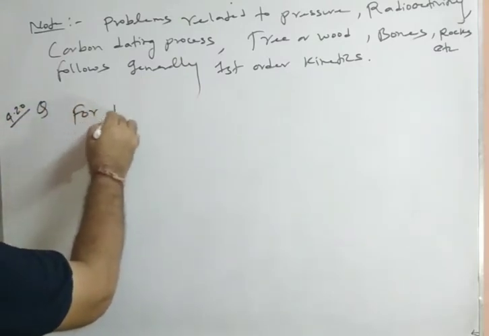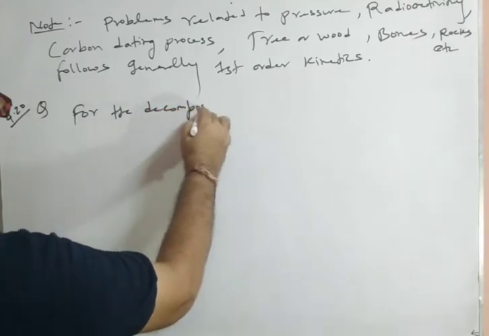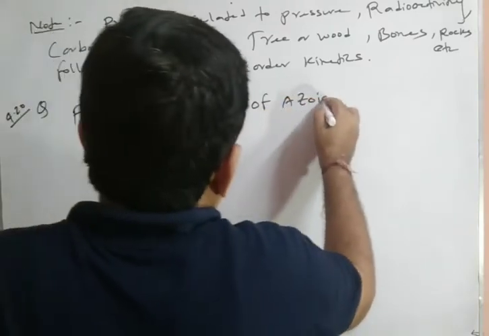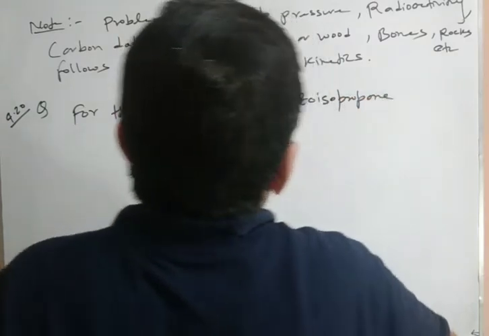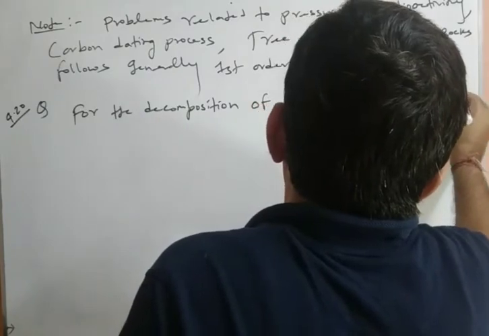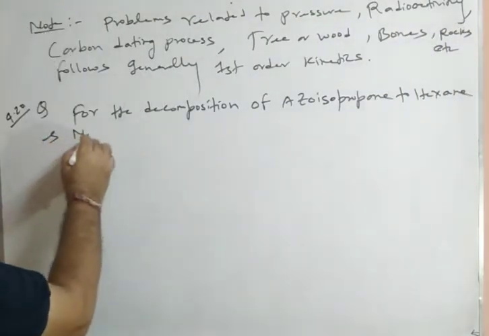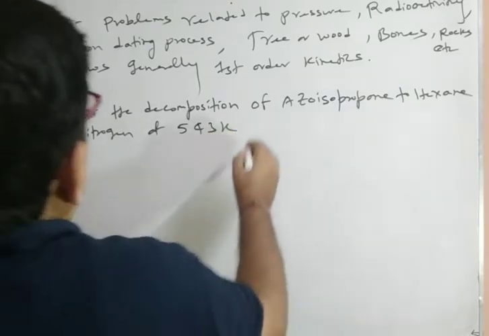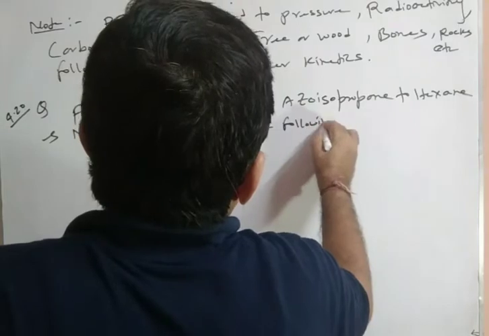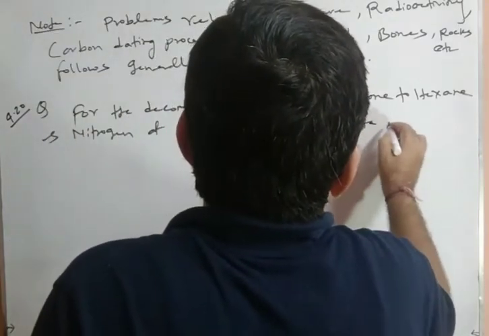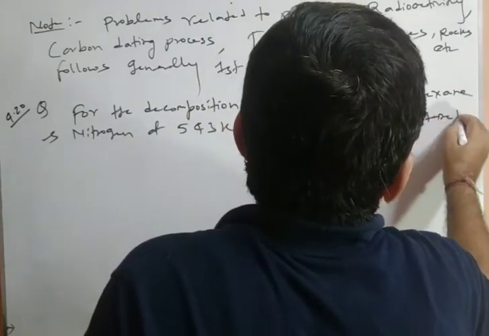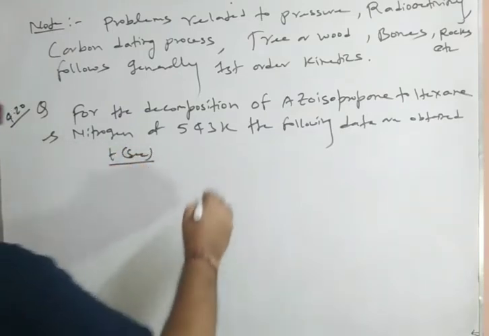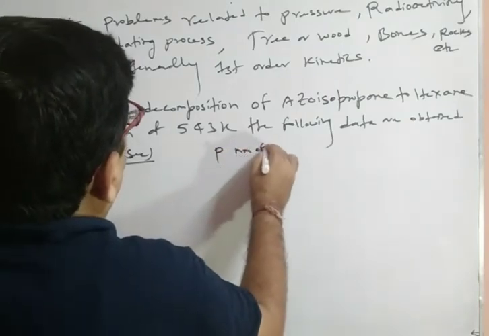Our question is: for the decomposition of azoisopropane to hexane and nitrogen at 543 Kelvin, the following data are obtained, that is given time in seconds and pressure in millimeters of mercury.